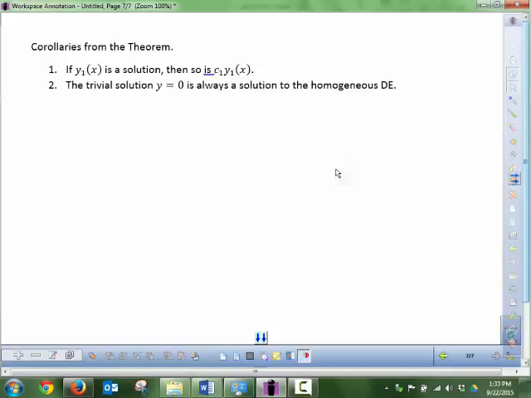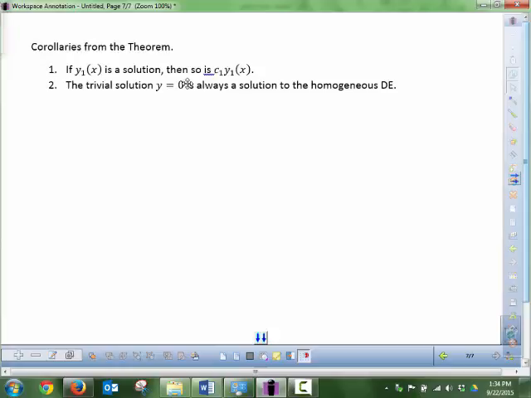And the result of the theorem says if y1 is a solution, then a constant times y1 must also be a solution. And I can choose any constant I want. And also, if C1 and C2 are both equal to 0, then that's also a solution. So C1 and C2 equal to 0 means the whole thing is equal to 0, and that's going to be a solution to your homogeneous differential equation.